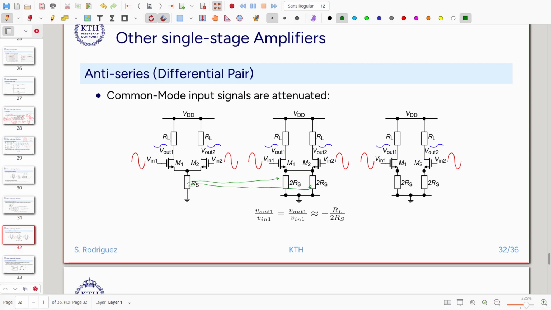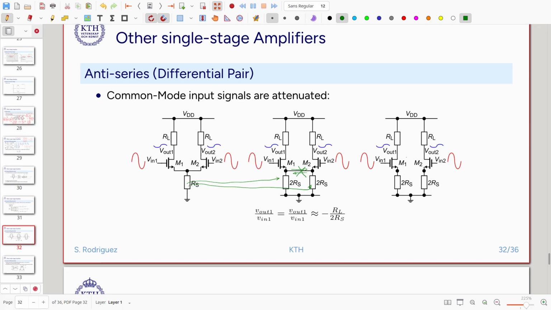Now there is no current flowing here because the circuit is completely symmetric, and the voltages are common mode voltages, the same voltage at one input and the other. So this circuit is totally symmetric. There is not going to be any current flowing in this connection, so I can actually delete it, and we will have the following circuit.